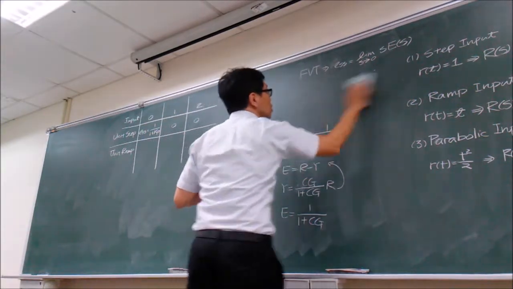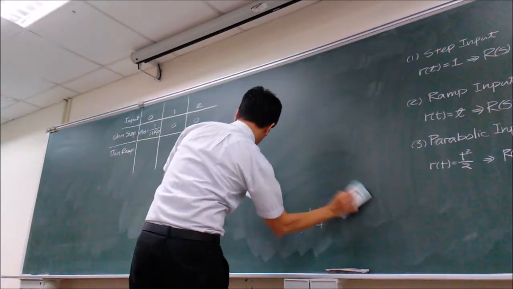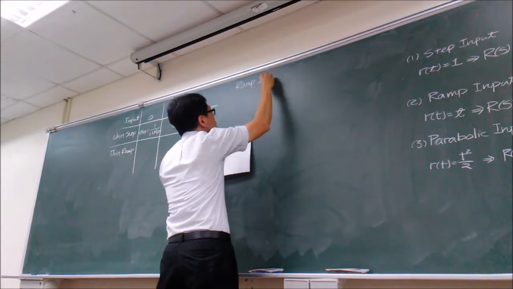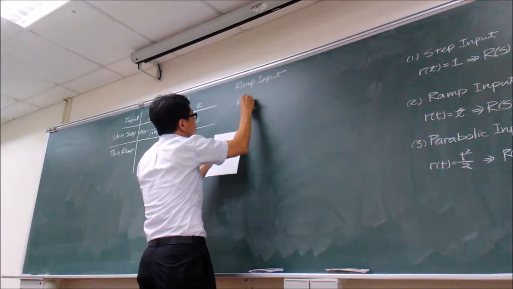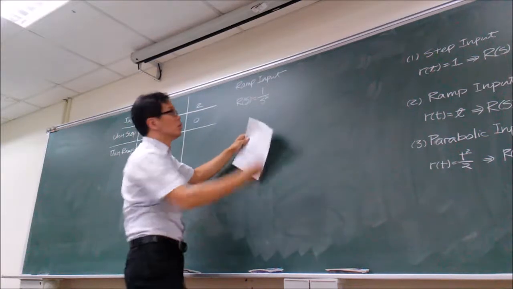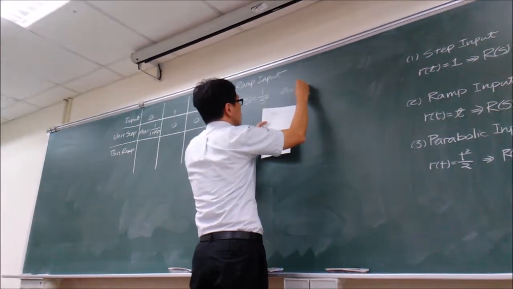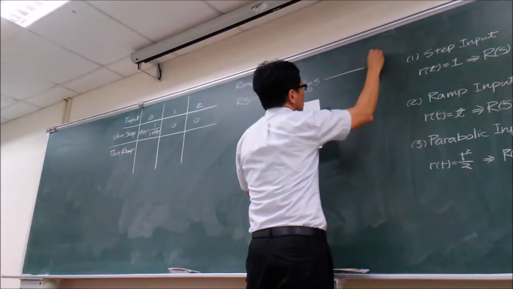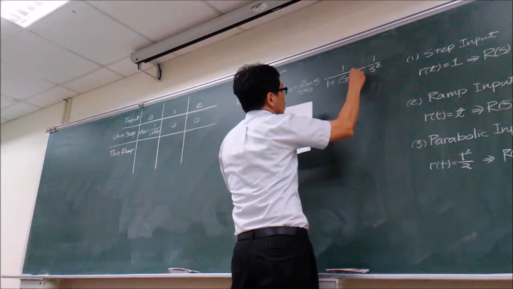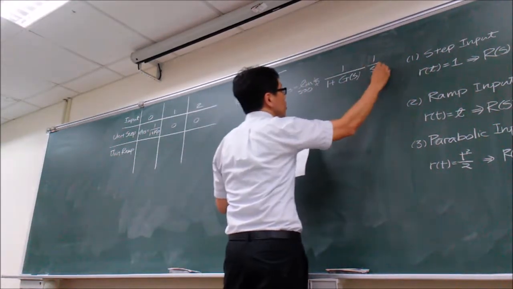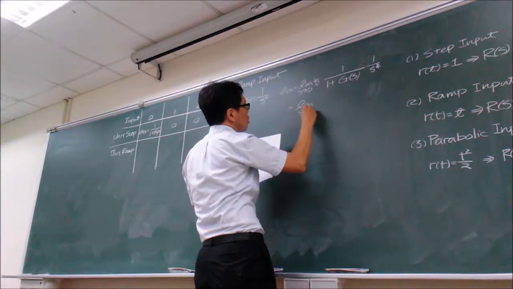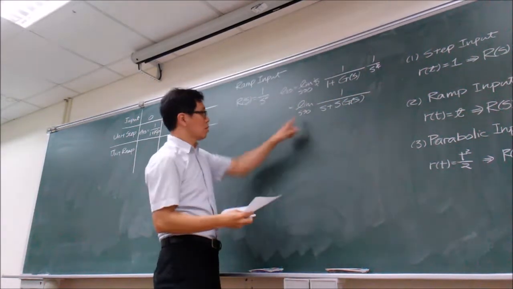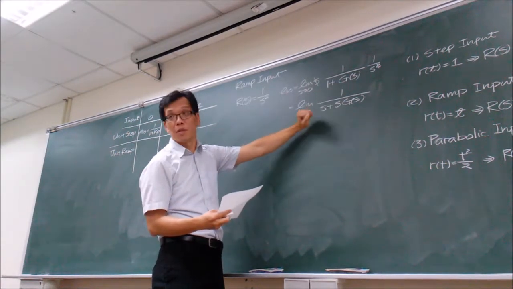So which means my ESS steady state error is going to be, since S equals to 0, what happened to this part? This one is going to be 0.